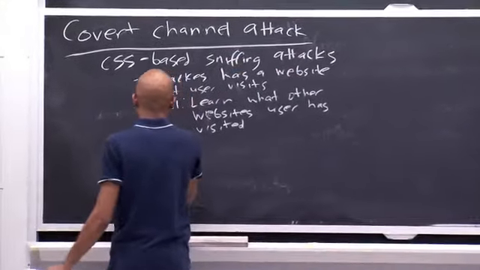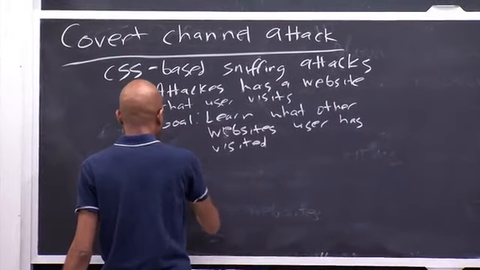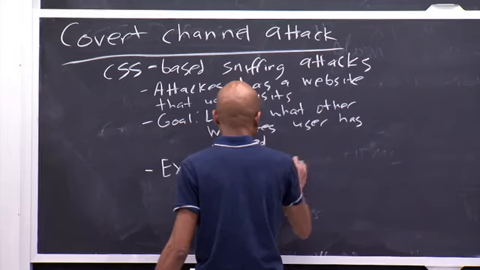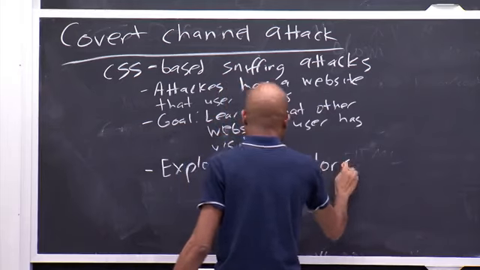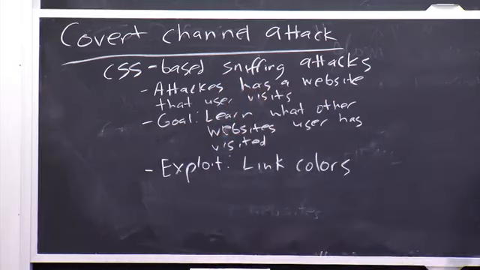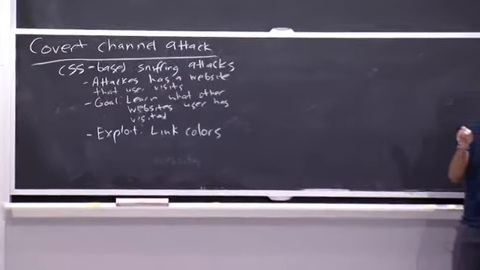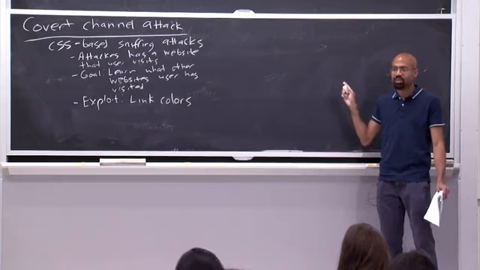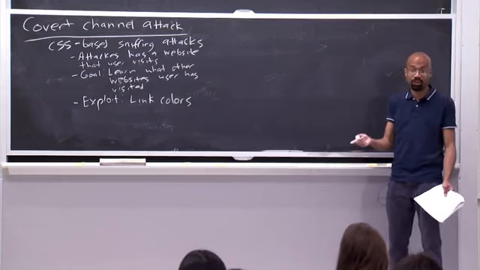Well, the exploit is to leverage link colors, right? So when you go to a web page and you click on a link, the next time you see that link, it is now a different color. So zoinks, that's actually a security vulnerability, right?